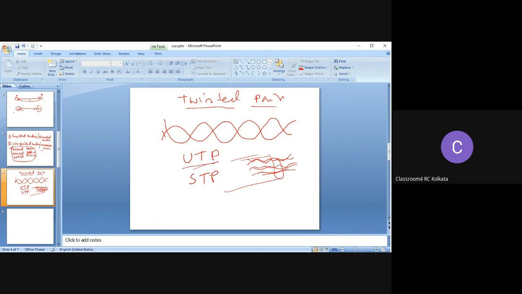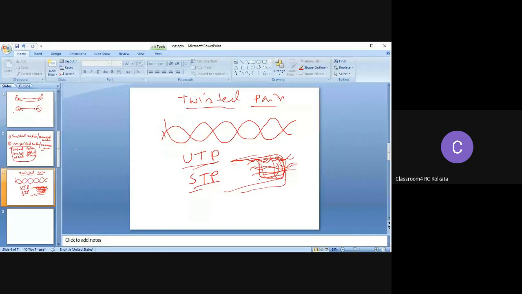STP means all are shielded with a special metal protective layer, then a plastic cover. This protective layer decreases different noise and other bad signals. It minimizes noise. STP, shielded twisted pair.